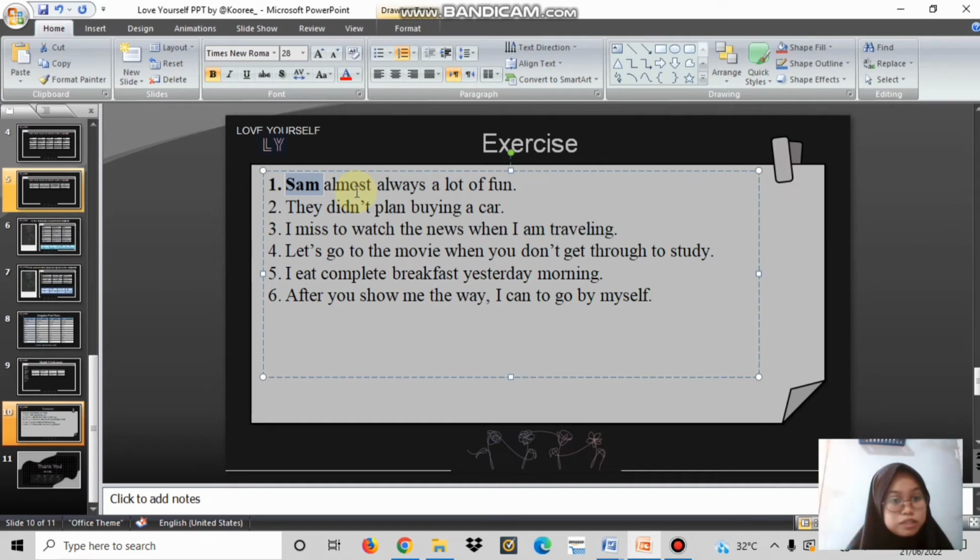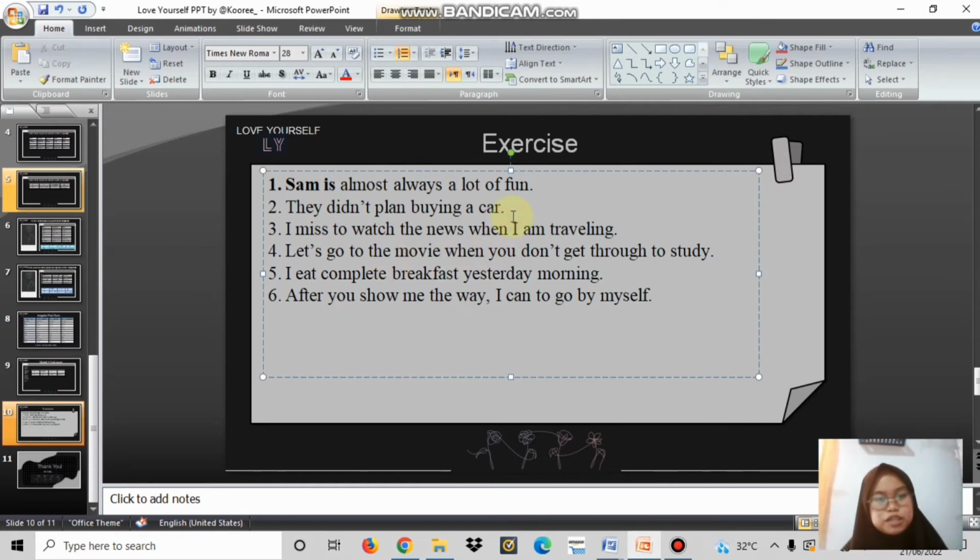So this question is missing a main verb, so we have to add a verb in the sentence. The subject Sam is singular, so the verb must be singular. So the correct verb is "is." Okay, so Sam is almost always a lot of fun.